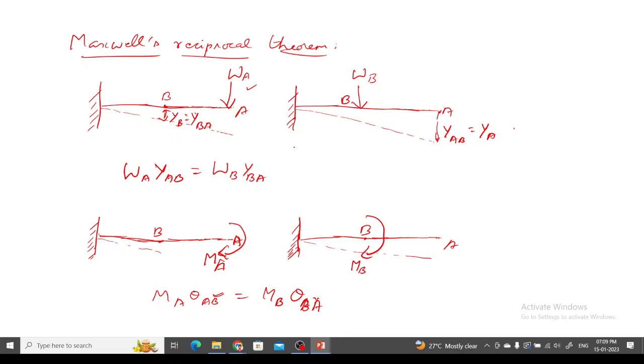Based on this, we will do one small problem. I have a simply supported beam here, and I have a load W by 3 at a distance of L by 4. Here is point B, which is at a distance of L by 4, and here it should be L by 4, L by 4.